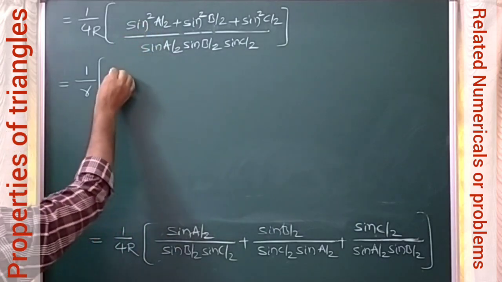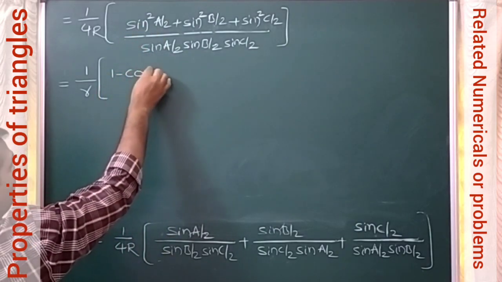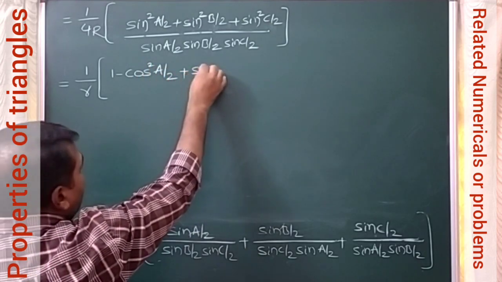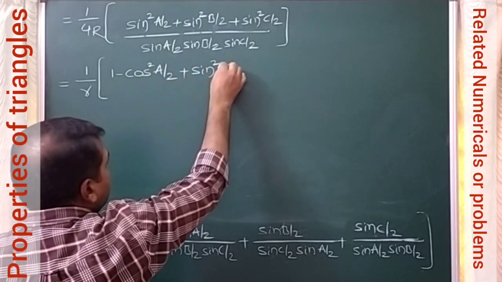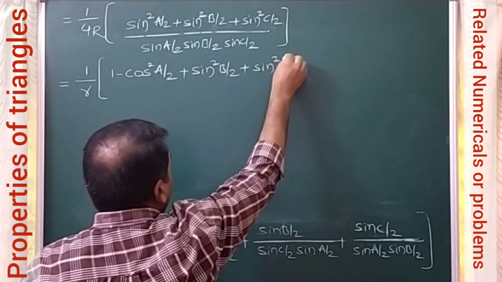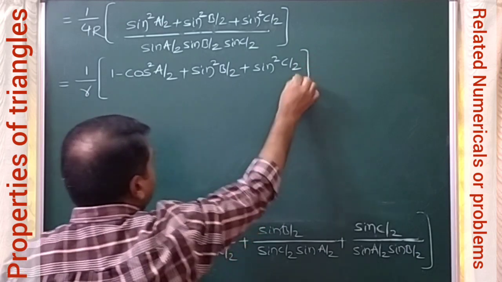Sin square A/2, I am changing as 1 minus cos square A/2. The remaining two terms, sin square B/2 plus sin square C/2, are as they are.